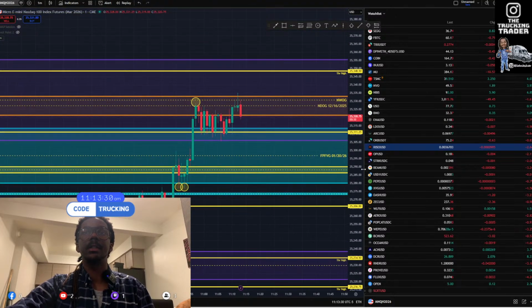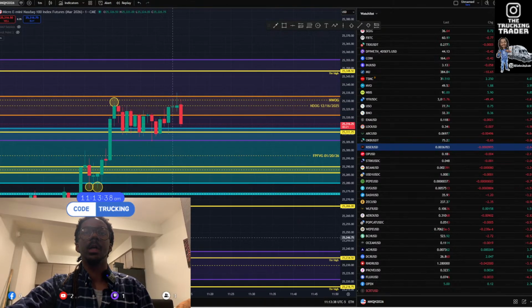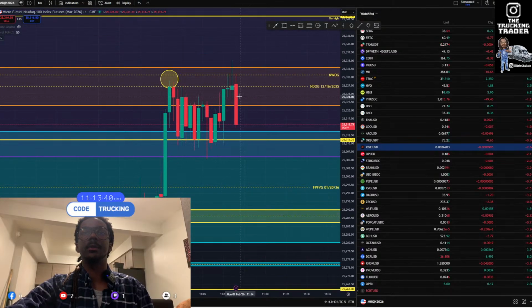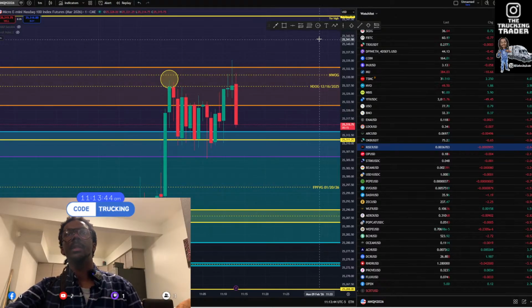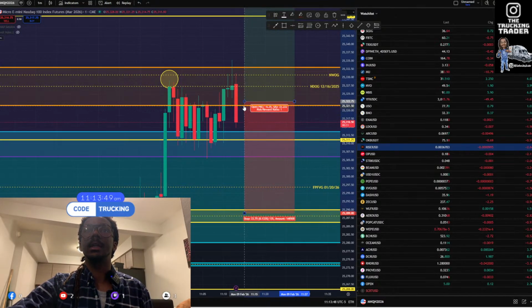Plus, we just hit the midpoint of the new week opening gap, and then we're working within a very key, significant zone right here. So as I'm literally telling you guys that we're looking for a pullback, the market is literally pulling back right now. So how could you trade this? Well, the same thing that I did the first time.